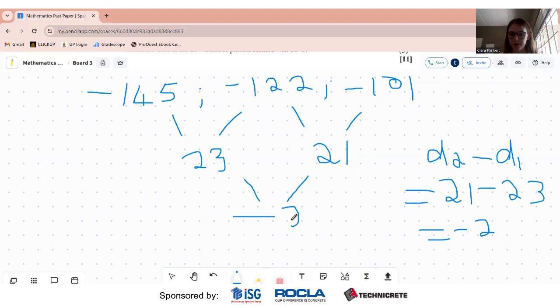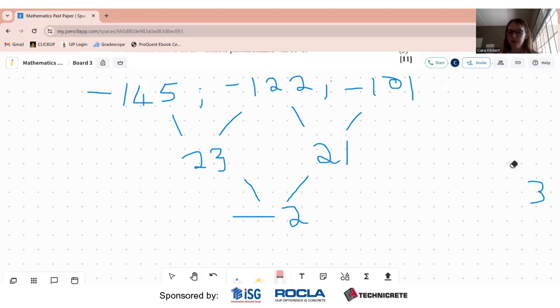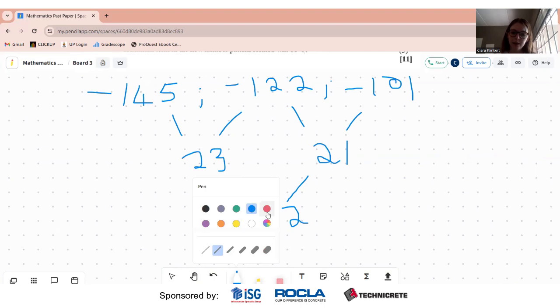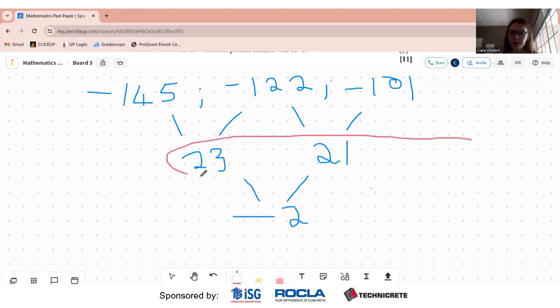Okay. And how this pattern works is that the first differences actually form a linear or arithmetic sequence with a constant difference of negative 2 in this case.